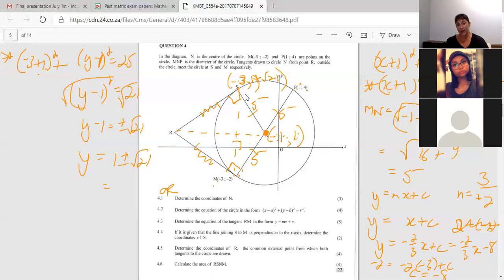So if you work out the one area, you'll automatically have the other one, right? Okay, so if you can do half base times height, because there's a 90, so let's work on that. We've got this length. Can we work out this length? Is it possible?